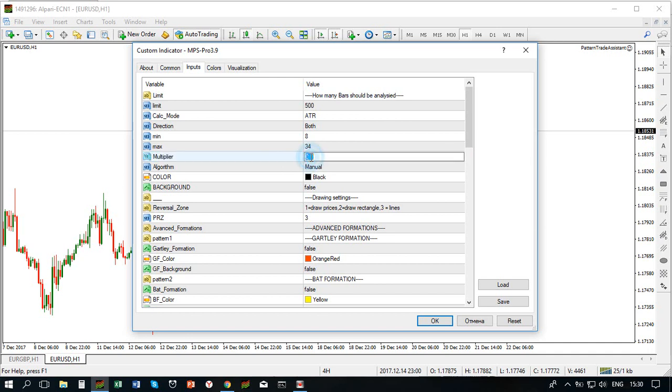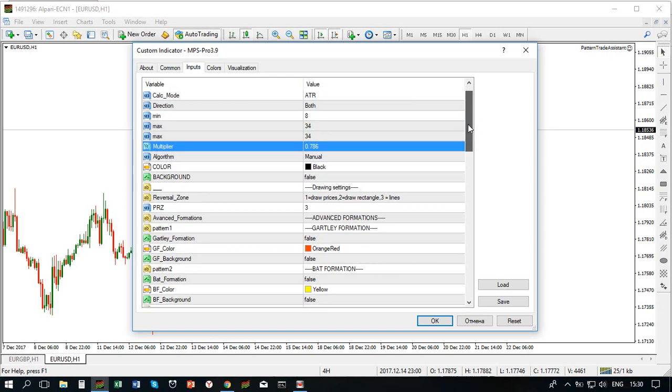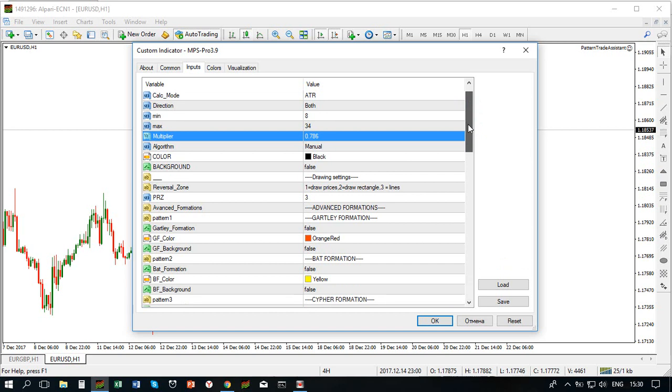If I type, let's say, 1, it means that it is equal to XA or more than XA. And if I type, let's say, 0.786, it means that it is 78.6% of XA or more than XA, the prior movement, the movement that I was talking about, that shows you the context of that.